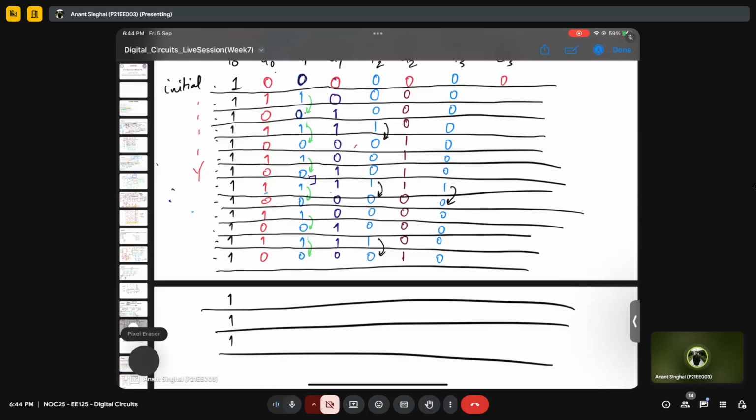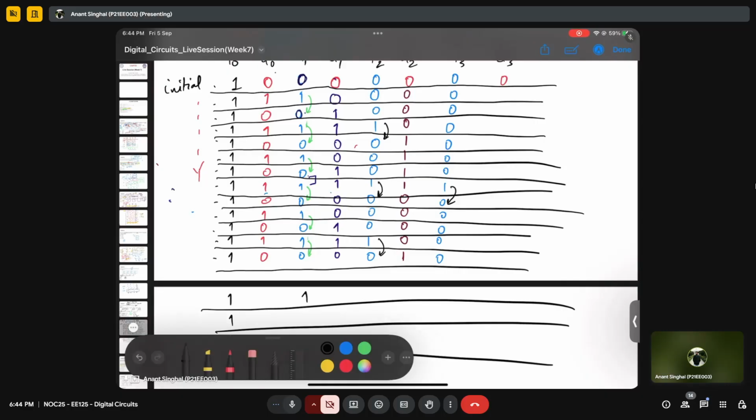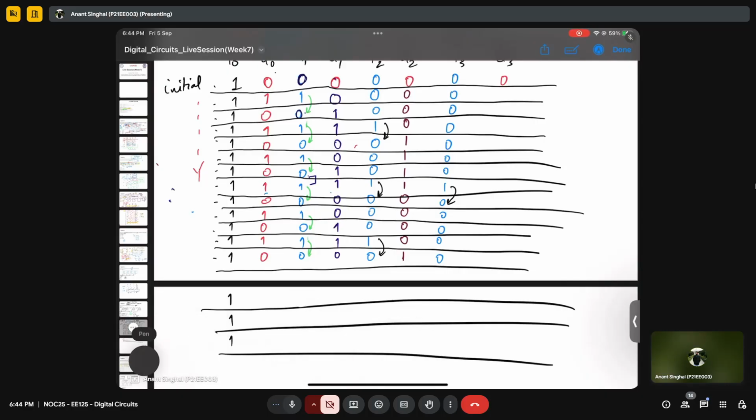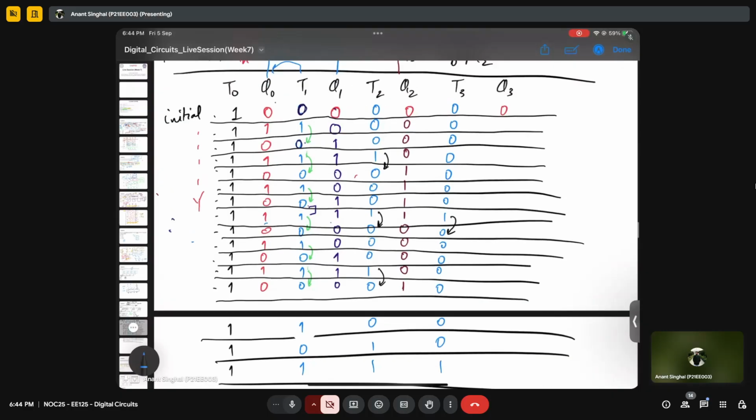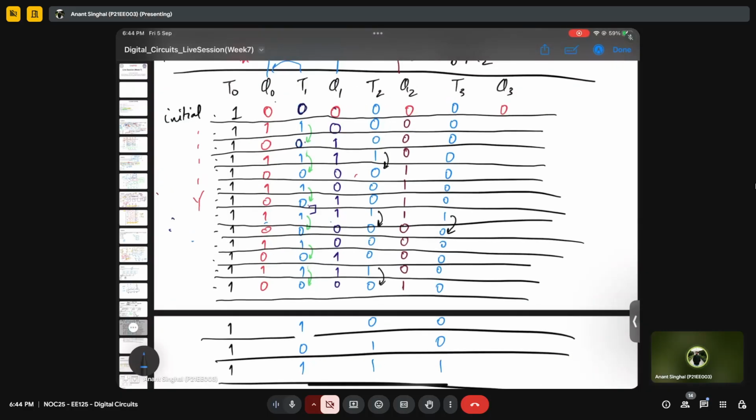So I can easily write now whatever I got. I can write this as 1, 0, 1, something like this. This is 0, 0, 1, 1. So now this toggling is only happening once.